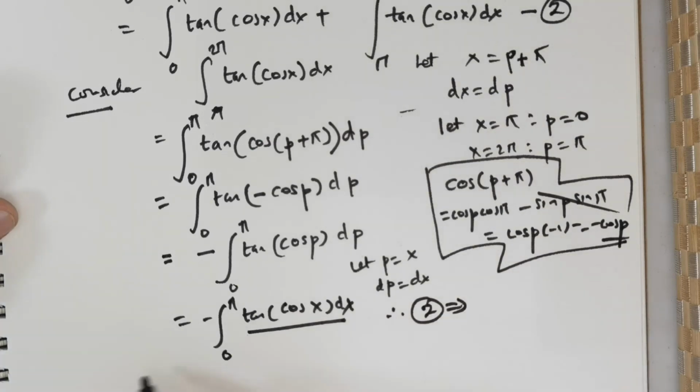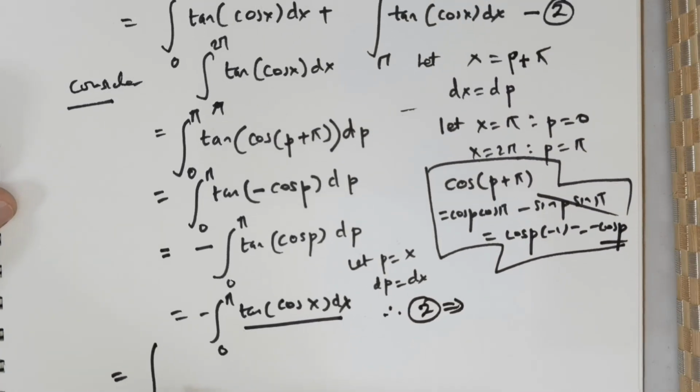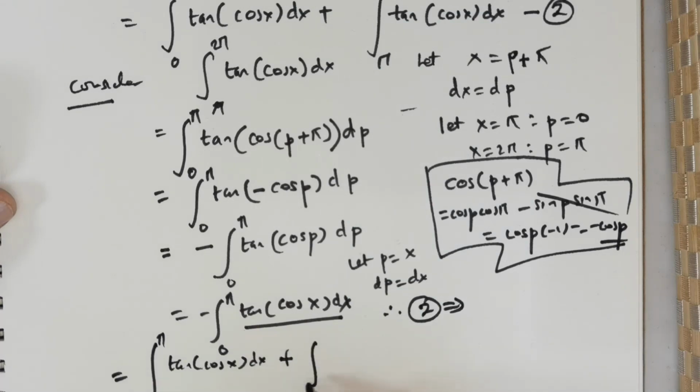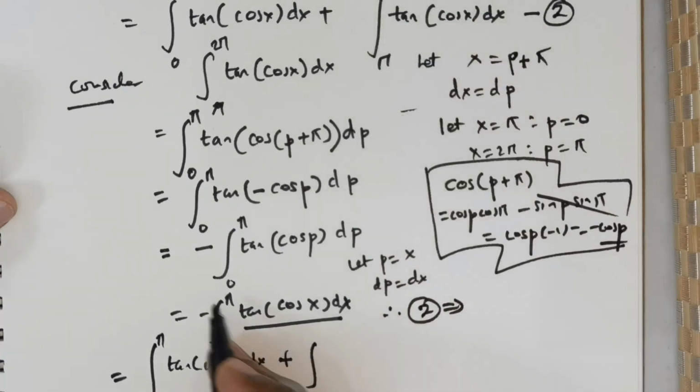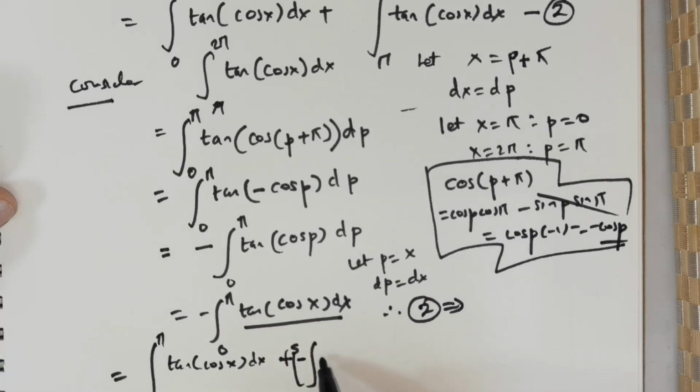Therefore equation 2 can be rewritten as the integral from 0 to pi of tan of cos x times dx, positive, and then this part is actually negative, so let me place the negative sign: negative the integral from 0 to pi of tan of cos x times dx.